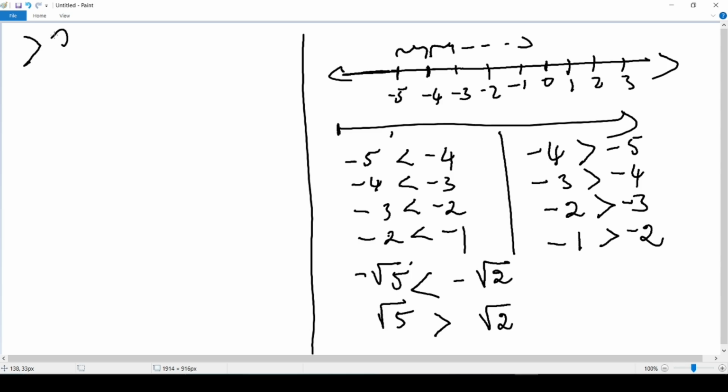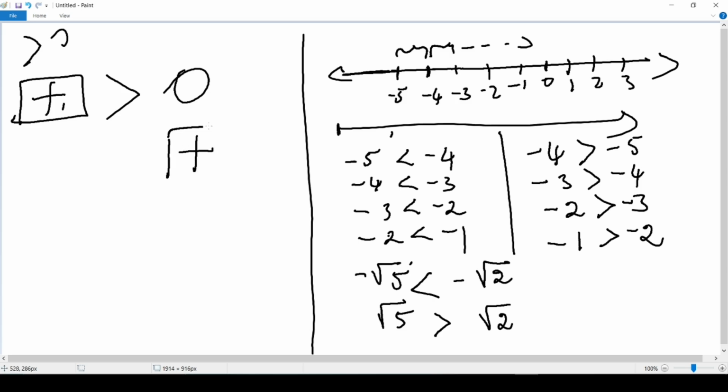So any positive number is greater than 0. Otherwise, 0 is less than any positive number. If I have any positive number and I have 0, any positive number here will be greater than 0. If I still have a positive number here and I have 0 here, 0 will be less than any positive number.